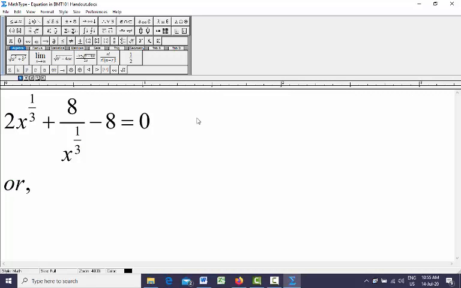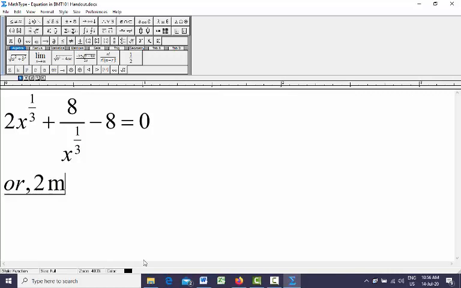When you have any equation like this, first you see that here you have x to the power 1 by 3 and here also you have x to the power 1 by 3. So when you have something like that, you can assume that x to the power 1 by 3 is m.